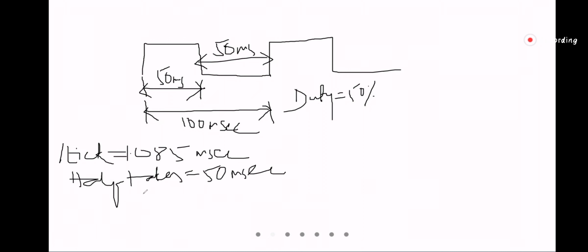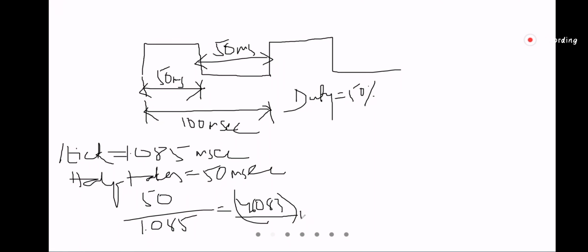So I will divide 50 millisecond by 1.085 microsecond. Are you getting or not? Equals to one value will come. What is the value? 46083. This is in decimal number. You have to convert this in hexadecimal number. What is the hexadecimal number?